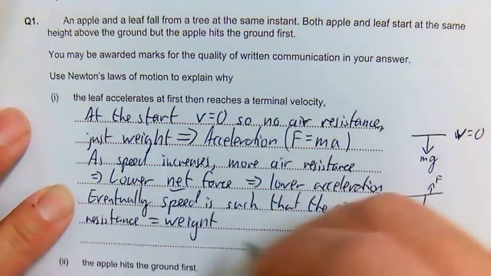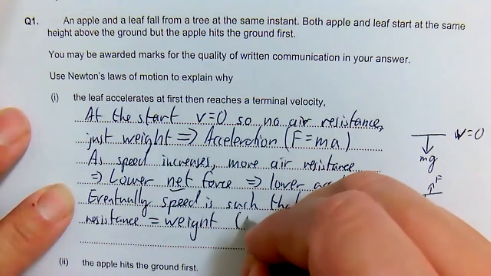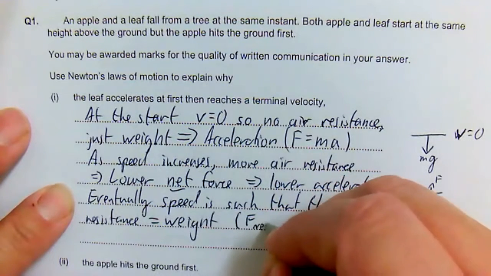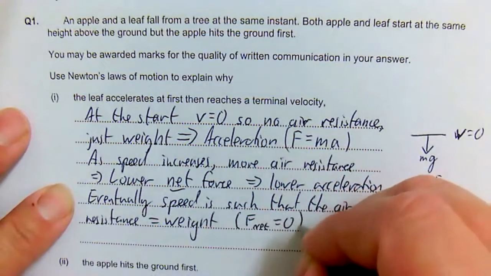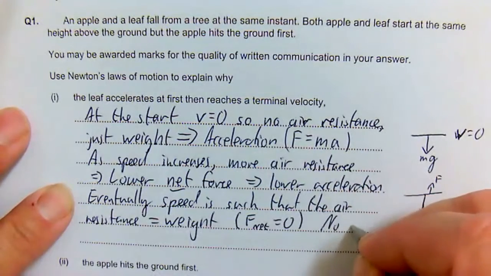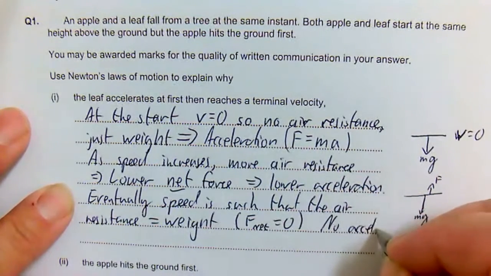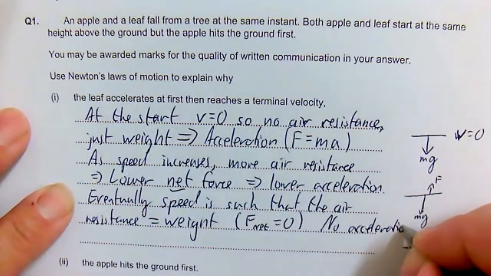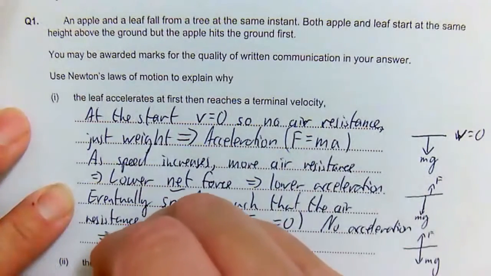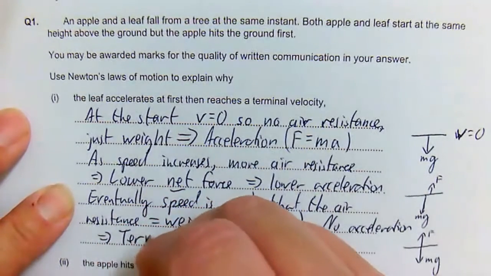Okay, so as the air resistance equals the weight of the leaf, that means the total force, the net force, equals 0. So there's no acceleration. And we call that final speed a terminal velocity.